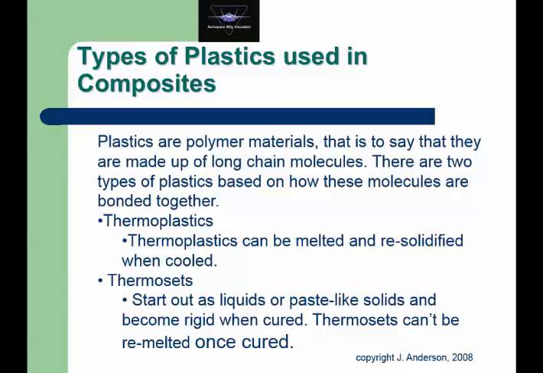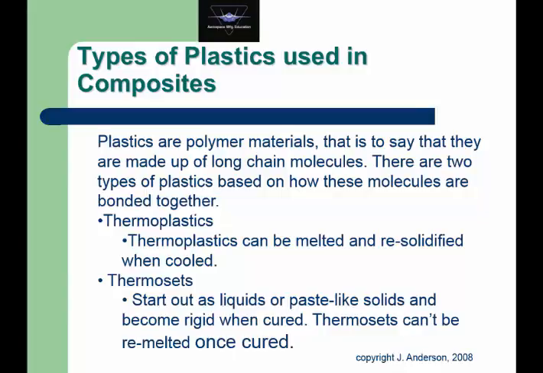But we can break those secondary bonds and then bring the molecules back into proximity of each other and reform them. So that's why thermoplastics can be melted and then cooled and resolidified, and you have very close to the same bulk properties that you had of the original material.